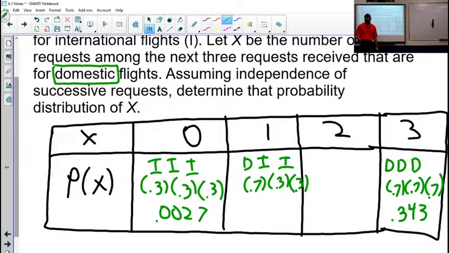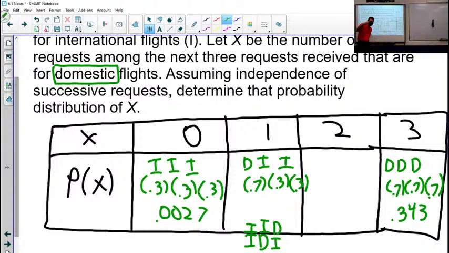Now, the thing to remember is just like with the coin flips, there are three different possibilities that could give me one domestic. Because I could also have international, domestic, international, and I could also have international, international, and domestic.